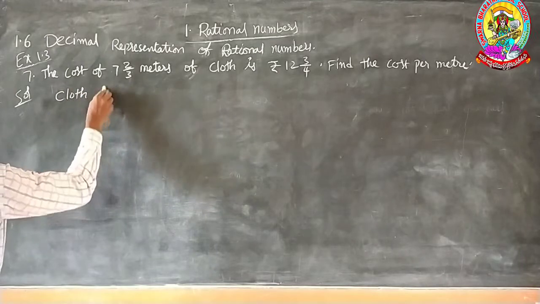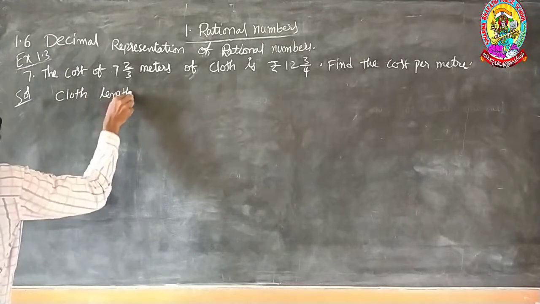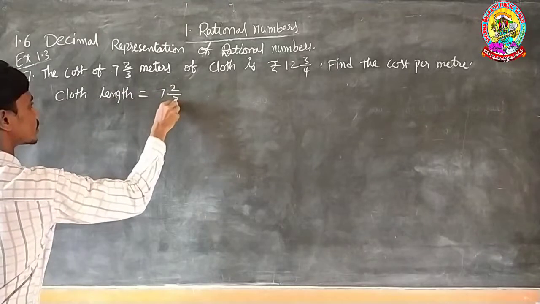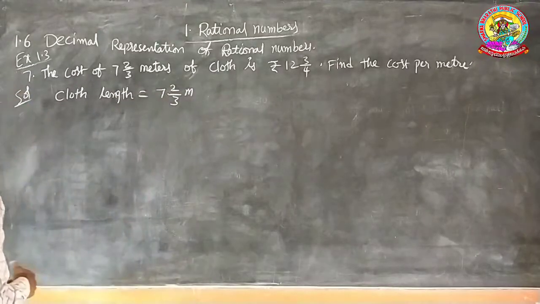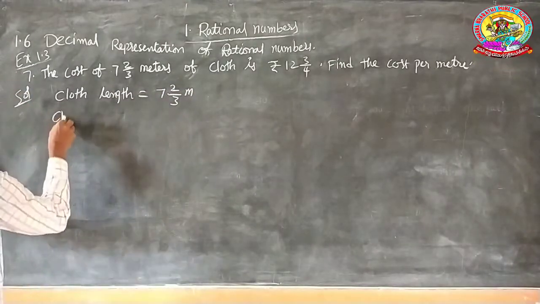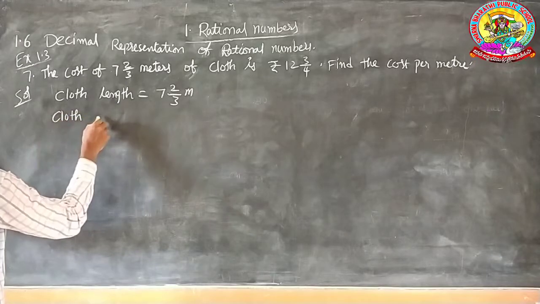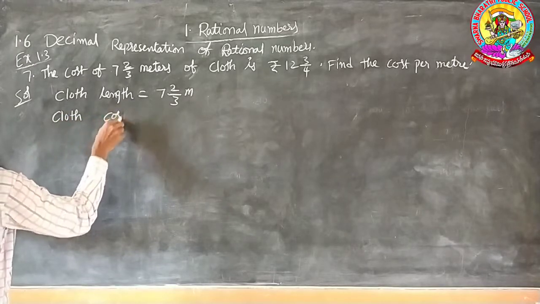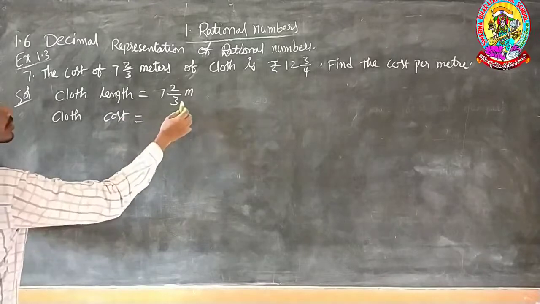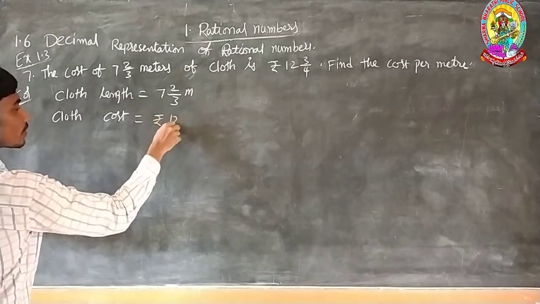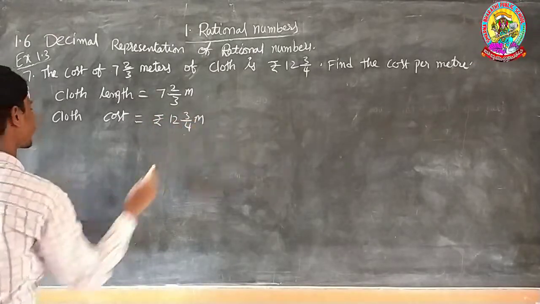Cloth length 7 2/3 meters. Cloth cost is equal to 12 3/4 rupees.